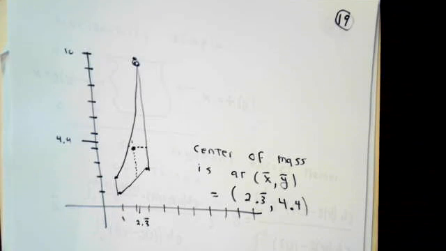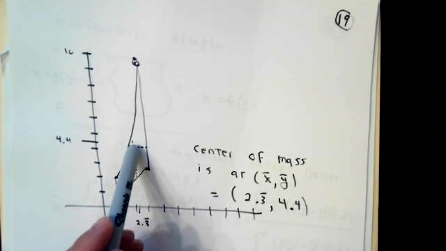It's at x equals 2.3 repeating, y equals 4.4. If you were to cut a shape out of balsa wood in this shape, and you wanted to find the point where it would balance if you put it on a fulcrum, the place would be right there.